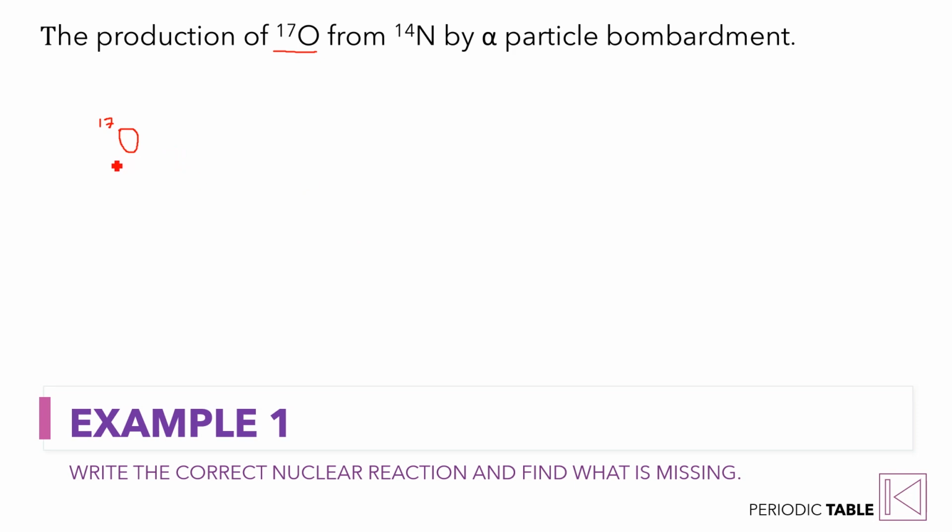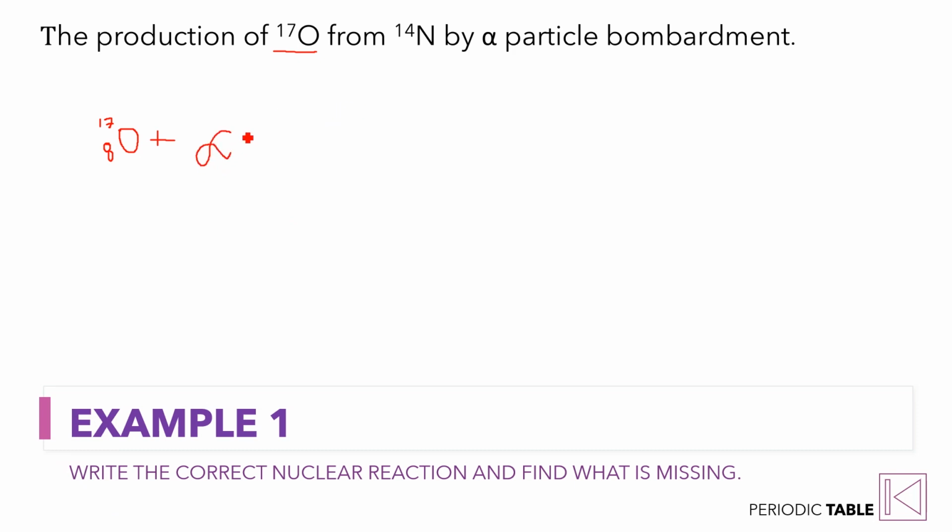And then you need to look at the periodic table. What is the atomic number of oxygen? I think the atomic number of oxygen is 8. And then, because it was bombarded with an alpha, this one should be plus alpha.